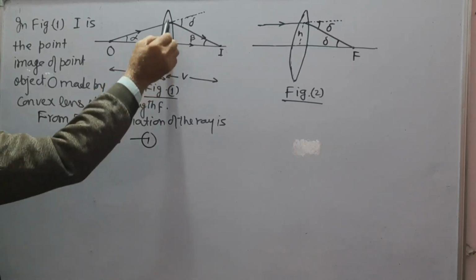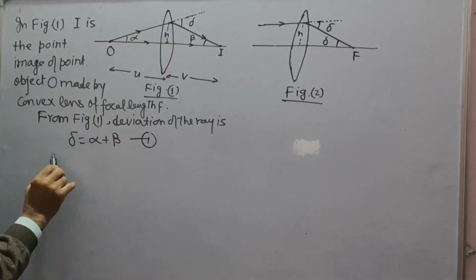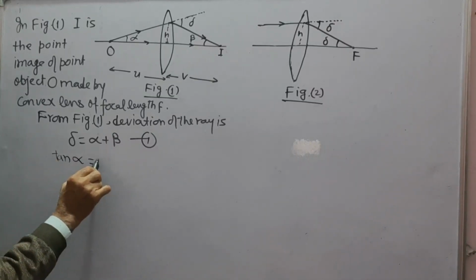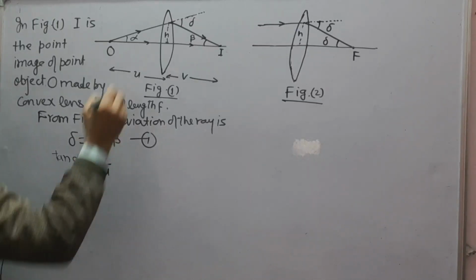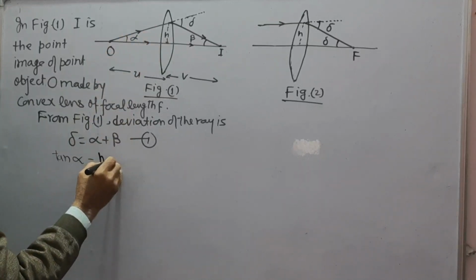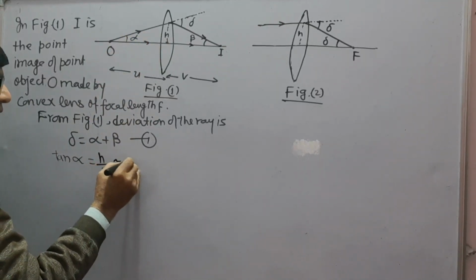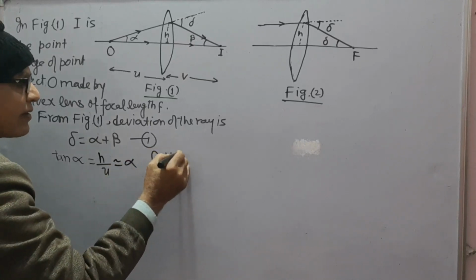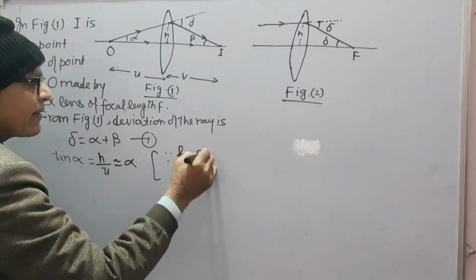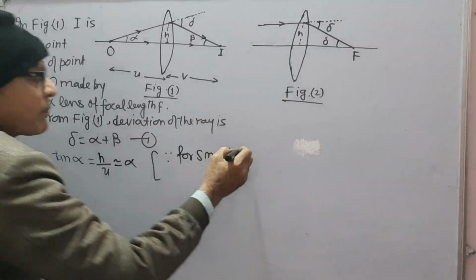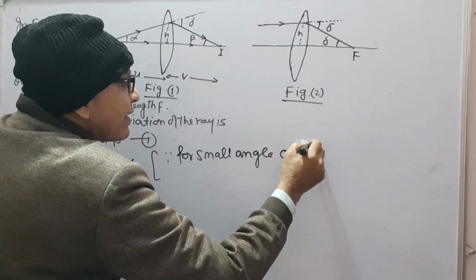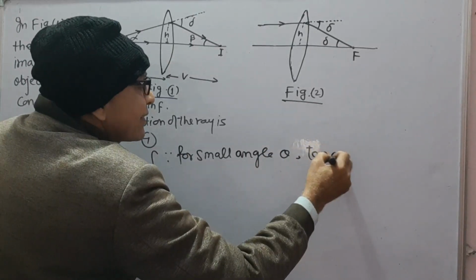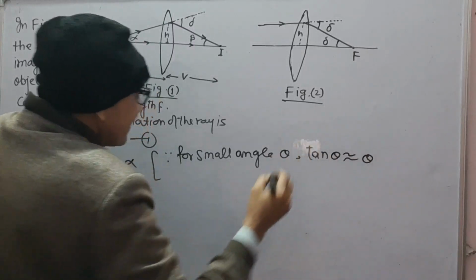If this height from principal axis is h, then tan alpha will be equal to h upon u, perpendicular upon base, which may be written as alpha, because for small angle theta, tan theta is nearly equal to theta.